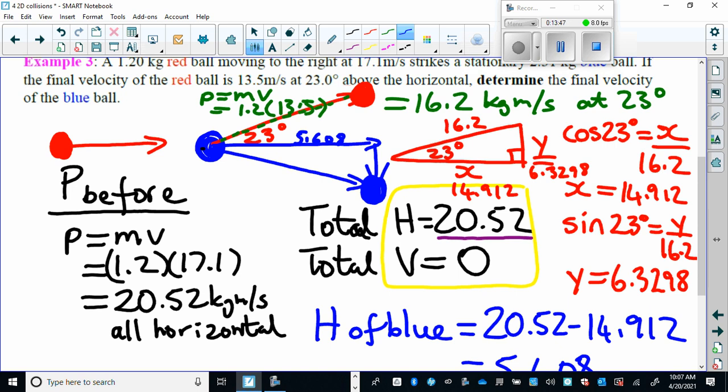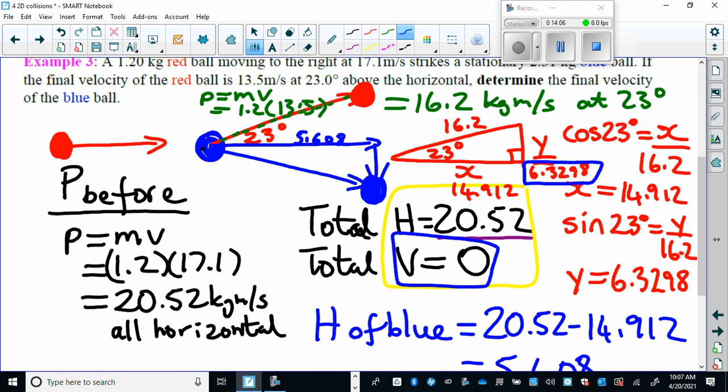Well, we know that the total vertical components before the collision was 0. Therefore, the total vertical components after the collision must also be 0. So if the red has 6.329, what does the blue have so that they add up to 0?